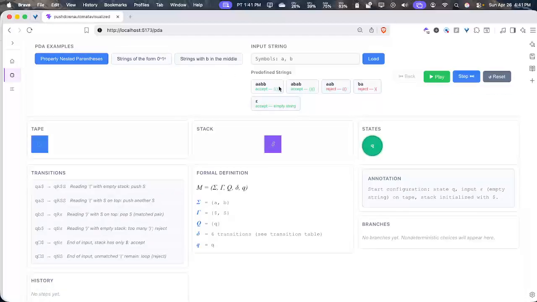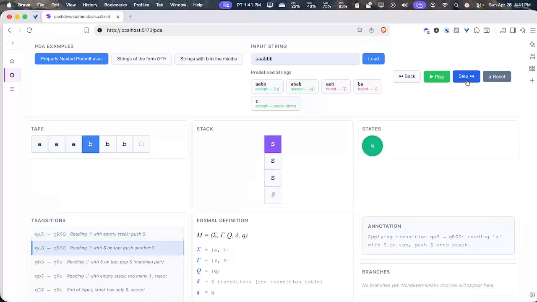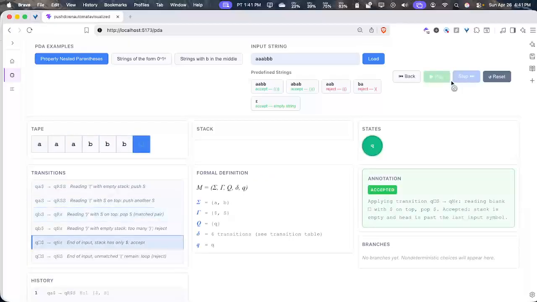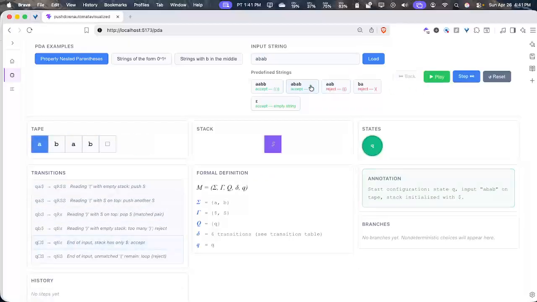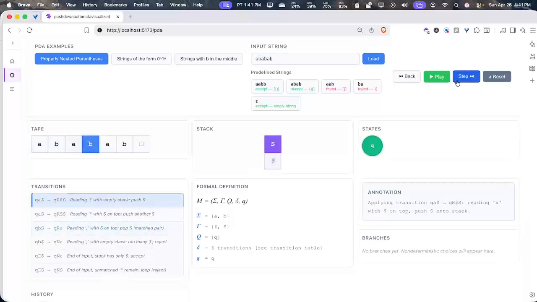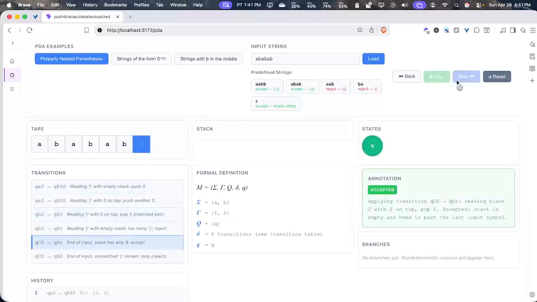So with the properly nested parentheses, we could actually go AAA, BBB, and you can see the stack goes 1, 2, 3, 1, 2, 3. But then we also could do something like AB, AB, and go up, down, up, down, up, down, complete.